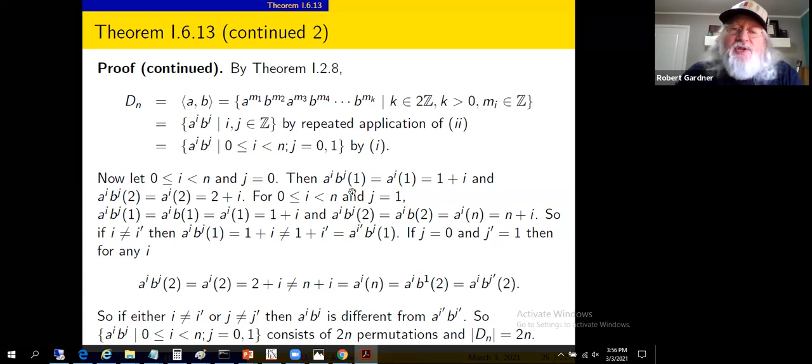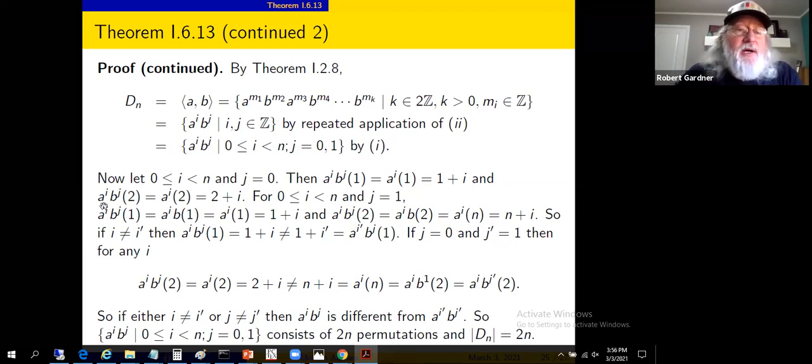A to the i, b to the j, what does that do to the symbol 1? j is 0, so b to the j is the identity, so that just gives out the identity. What does a to the i power do to the symbol 1? Remember, it was a cycle. It cycles it around i times to produce the symbol 1 plus i.